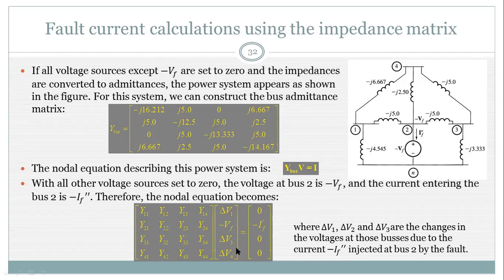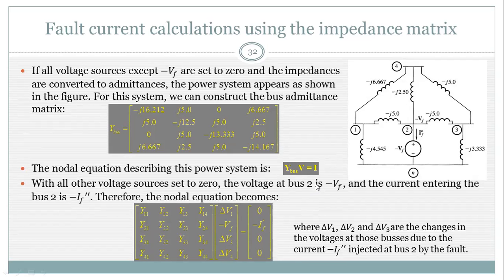Now, when the fault occurs, the bus 2 voltage should be equal to the fault voltage, that is minus Vf. So bus 2 voltage is replaced by the fault voltage, that is minus Vf. And next, bus 1, bus 3 and bus 4.